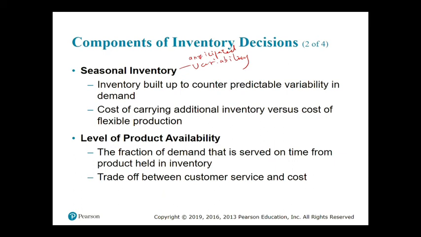Right, so if I want to be able to serve my customer 95% of the time versus 50% of the time, 95% would mean I need to have a much higher inventory level than if I only need to satisfy them 50% of the time. So again, the appropriate level of product availability depends on the cost related to holding more inventory and the cost related to losing a unit of customer demand.